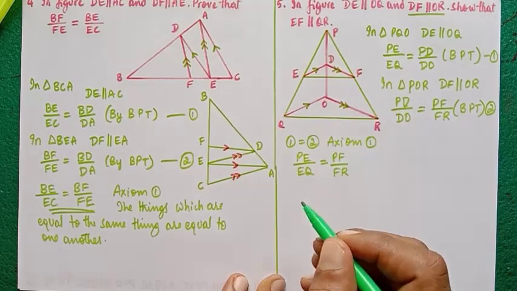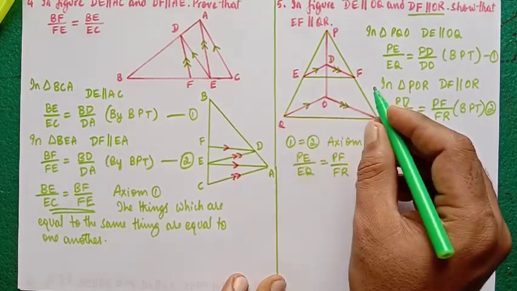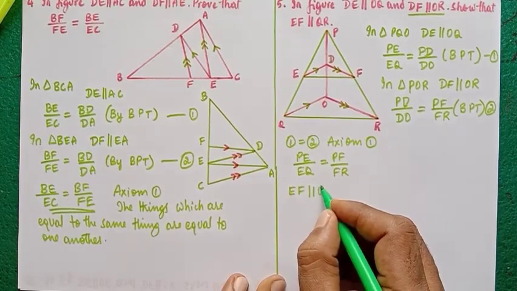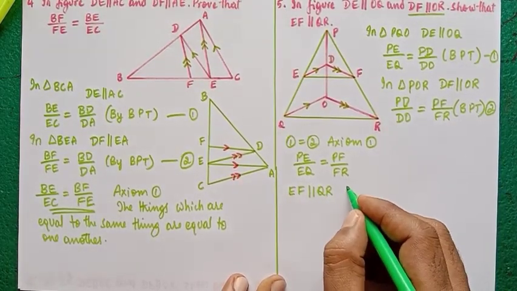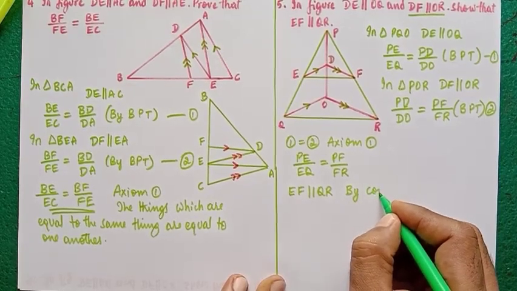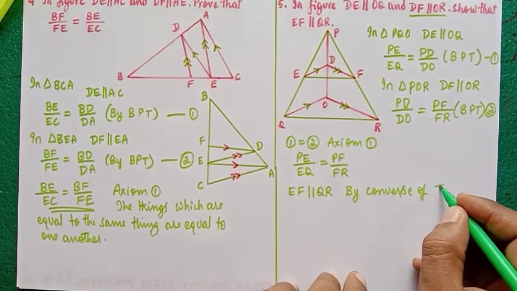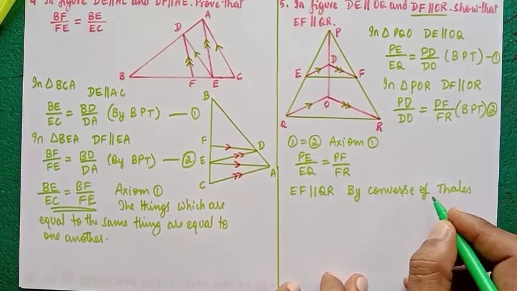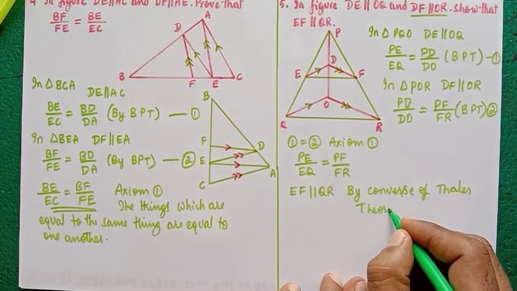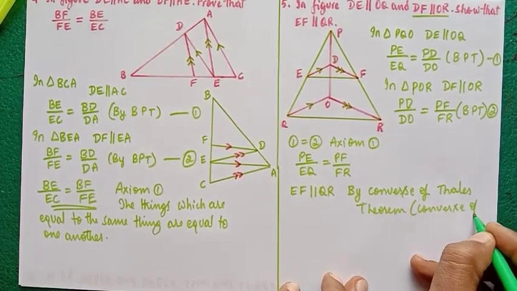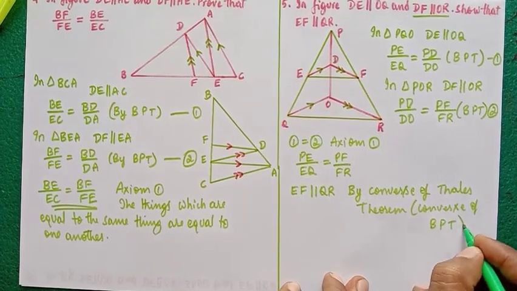So we can state that EF is parallel to QR by the converse of Thales theorem, or converse of the basic proportionality theorem.